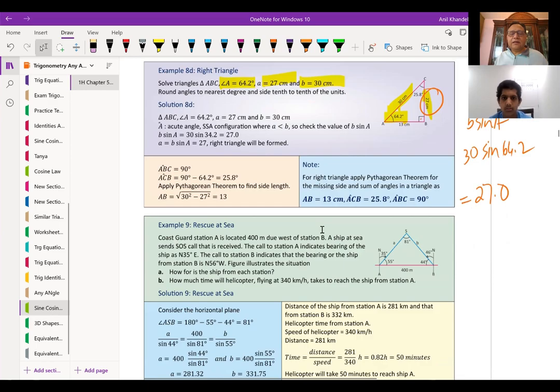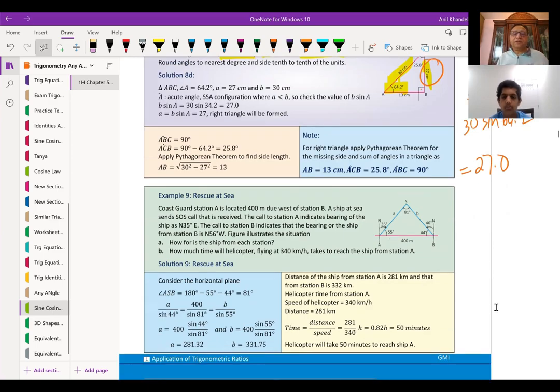So let's move on. And here we have an application question. Can you please read this question? Okay. Coast Guard Station A is located 400 meters due west of Station B. A ship at sea sends an SOS call that is received. The call to Station A indicates the bearing of the ship at north 35 degrees east.